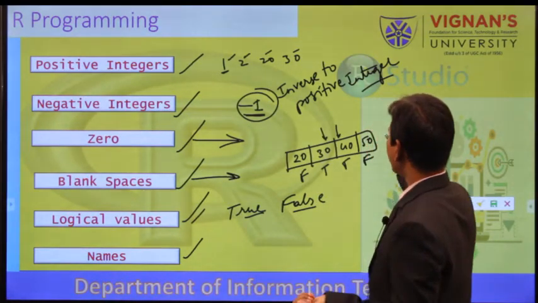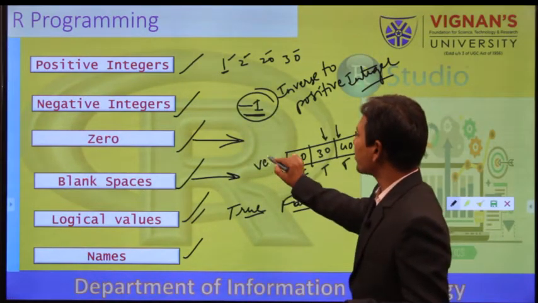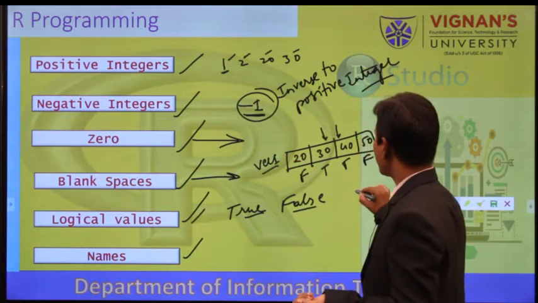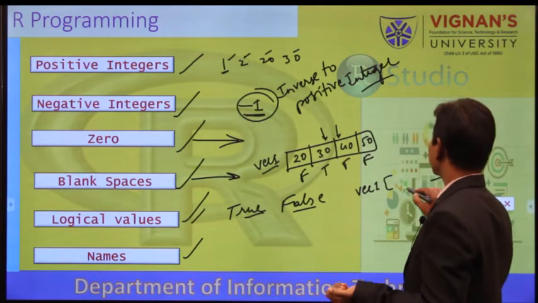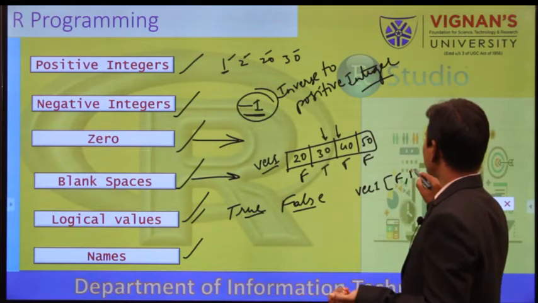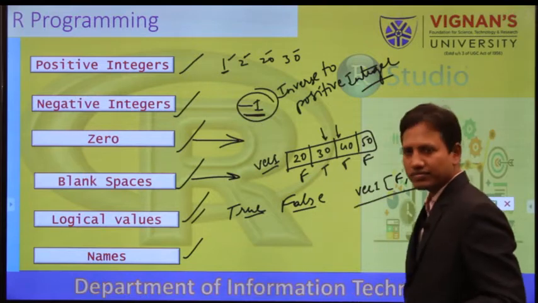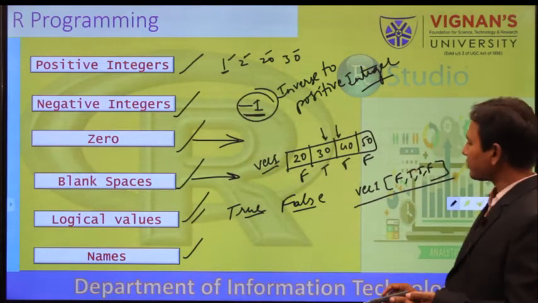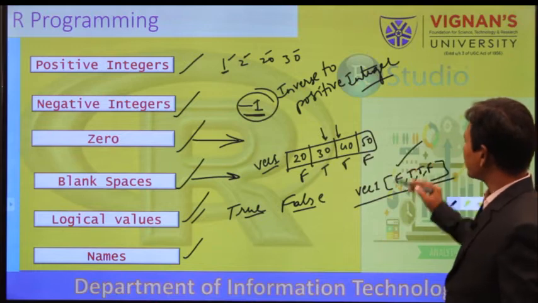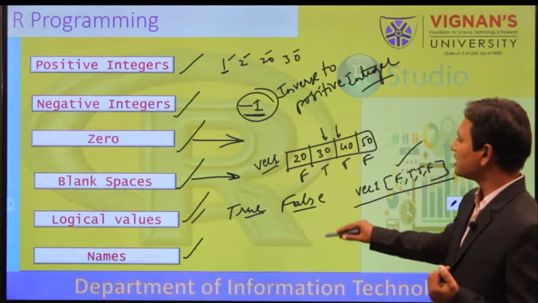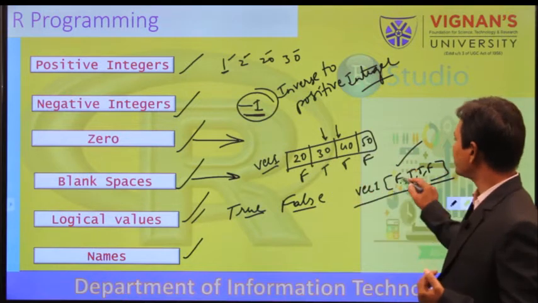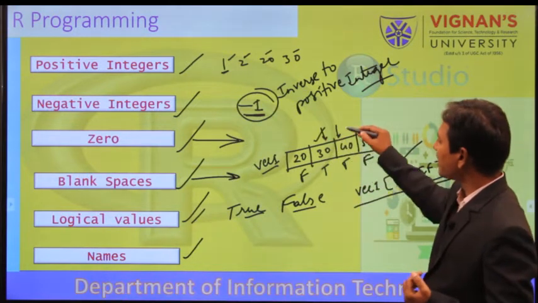So if its name is vec1, I can put vec1 of false comma true comma true comma false. This is how I am able to index the values. Wherever I put false, it's not going to select. Wherever I put true, it's going to select.